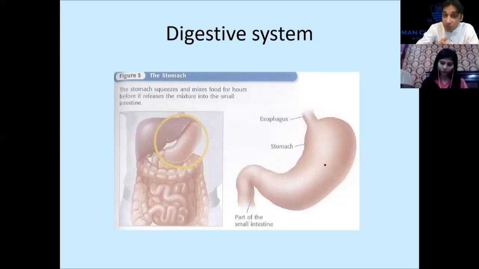But nature is very smart. Nature creates the trypsin in an inactivated form called trypsinogen. That inactivated version is not able to digest any protein. When it is created, it is inactivated. Then it is transported, it is inactivated.